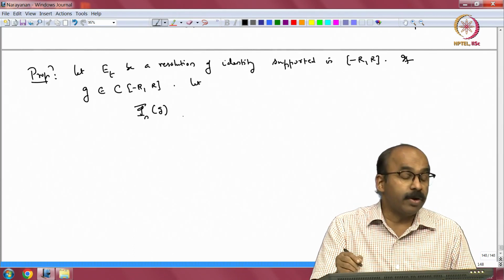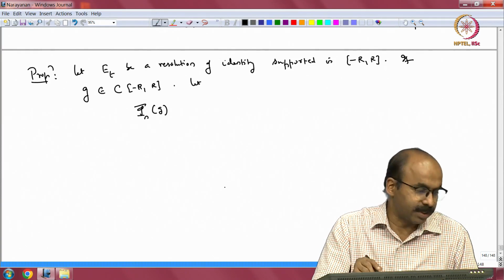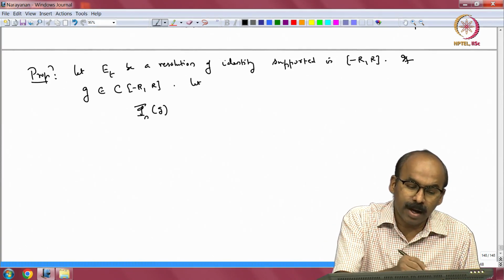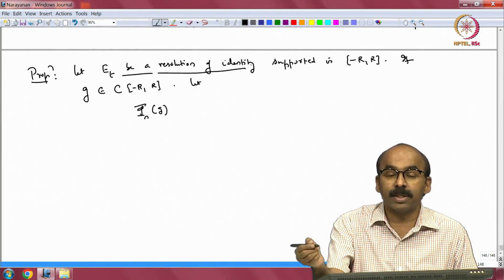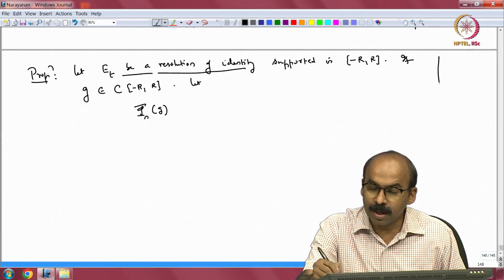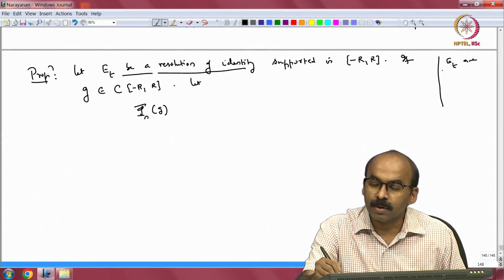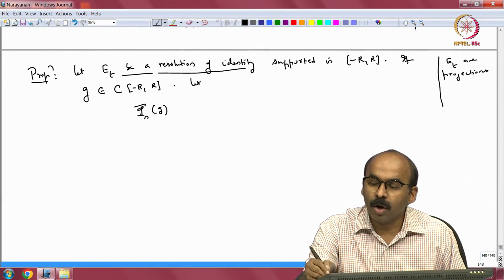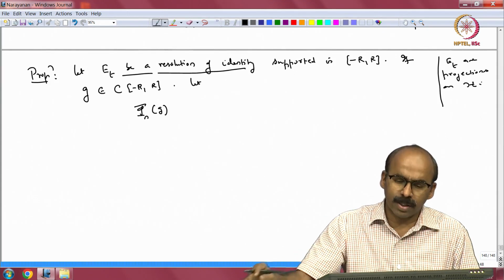So, I am going to define an operator for each n, an operator phi n g. So, I am starting with the resolution of identity, right. So, each E t is a projection on some Hilbert space H, right. So, let us note that, because I will keep writing. So, E t are projections on a fixed Hilbert space H, right. So, that is the standard notation we will keep using.